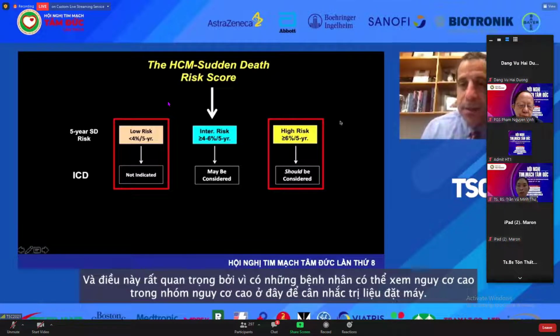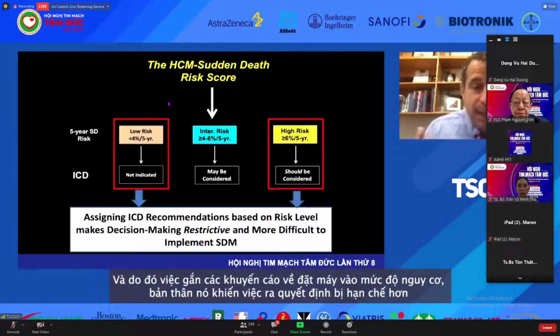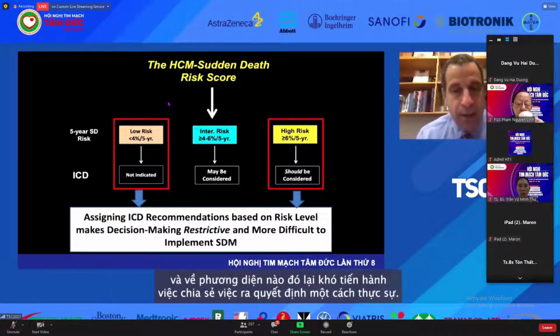And that's important because there are some patients who may consider risk in the high-risk group here to be not high enough for them to consider device therapy. So by assigning these recommendations about device to the risk level, it inherently makes decision-making more restrictive and in some ways more difficult to implement true shared decision-making.